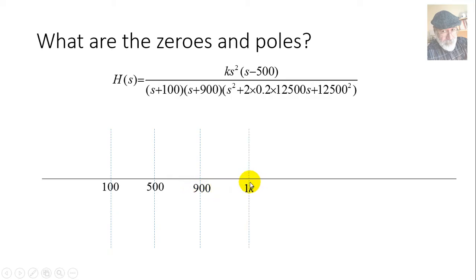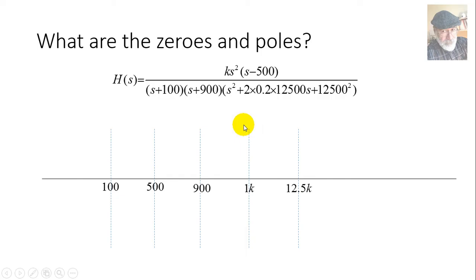You say, wait a minute, there is no corner frequency at 1000. No, there isn't, but at 1000, we know the value in decibels of this Bode plot. Remember, 0 decibels is one of the pieces of data. And the corner frequency, 12,500 radians per second.